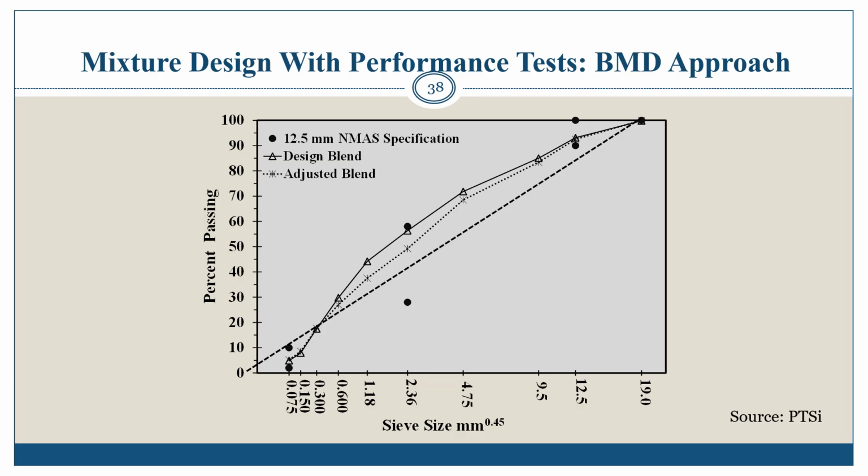So we adjusted the gradation, remaining on the fine side of the maximum density line, but not a gap graded mix, just removing enough of the aggregate, or the fines, to make room for the rubber in the same area where we felt like the rubber or the inert materials were affecting the gradation. So it's not a gap graded mix, just removing enough of the aggregate in the area of the GTR particle size to make room for GTR and inert fraction.